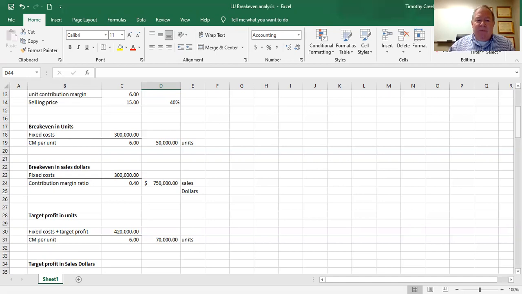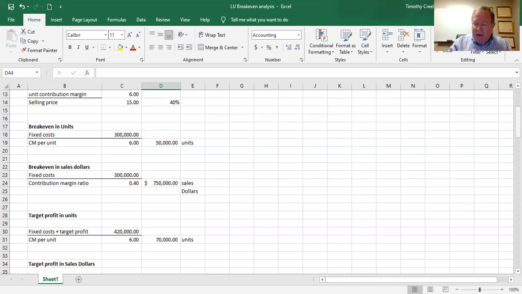One of the reasons you do this a lot of times in business is it improves your business plan. And think about it, if you want to improve break even, what do you look at? You can increase your selling price, which will increase your contribution margin per unit.